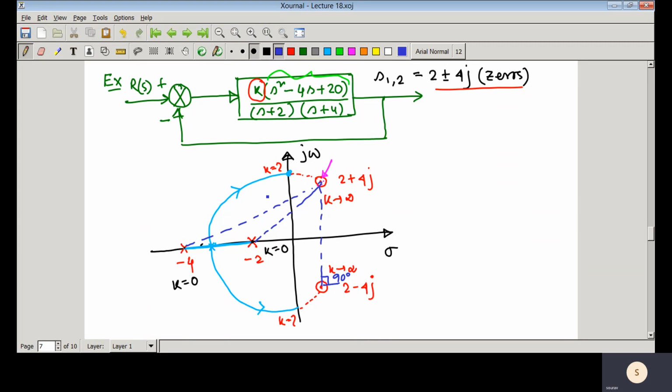And here if we take, say suppose this is theta 1, this is theta 2, then what would be that angle condition? So the angle condition is minus theta 1 due to that pole, and that would be minus theta 2 because this is a pole.